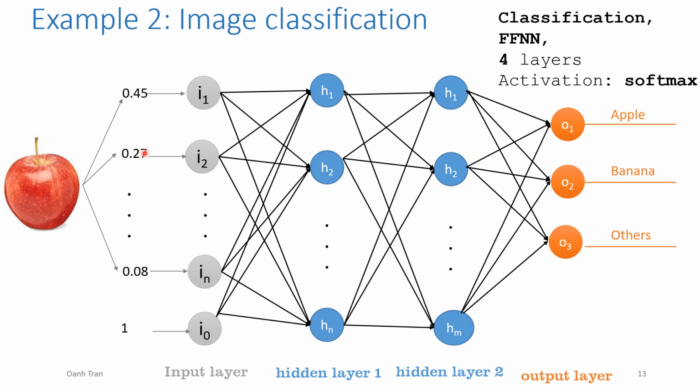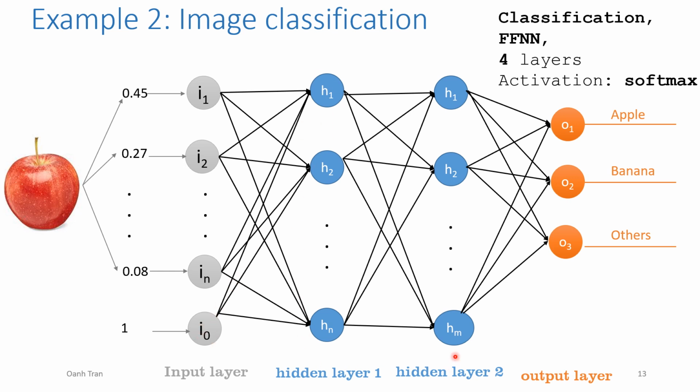For each pixel, I design one corresponding neuron in the input layer in order to capture the number of the pixel. I also add the bias to introduce flexibility to the model.